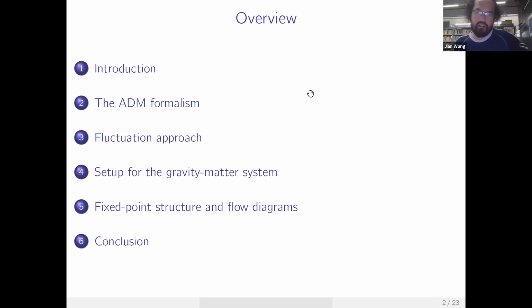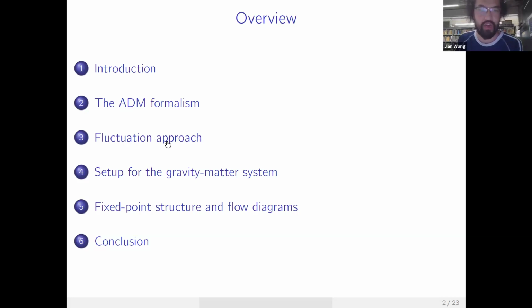So here is the overview of my talk. First, I will give an introduction on our project, with the motivation for the research, since we are working on a foliated spacetime. Next, I will introduce the ADM formalism. On the other hand, we need to compute the RG flows of the graviton two-point functions, and this computation usually requires the fluctuation approach.